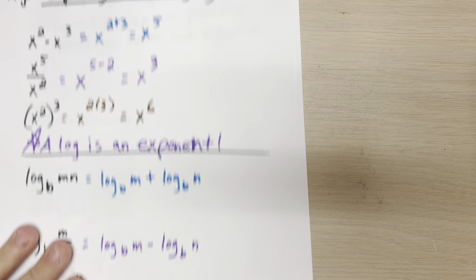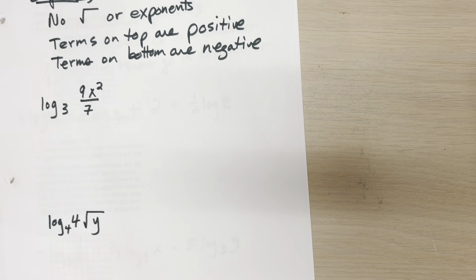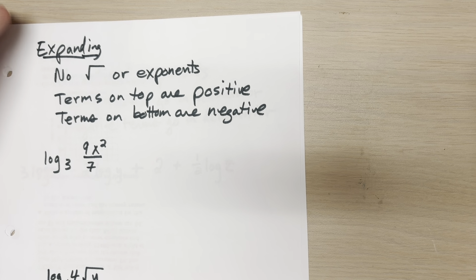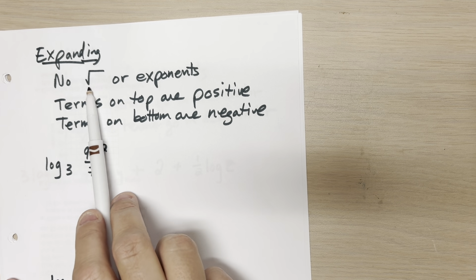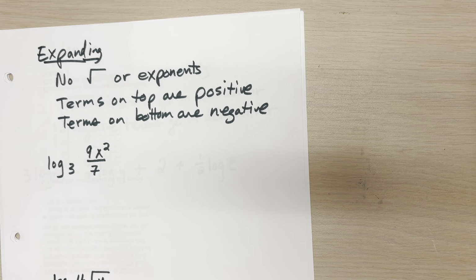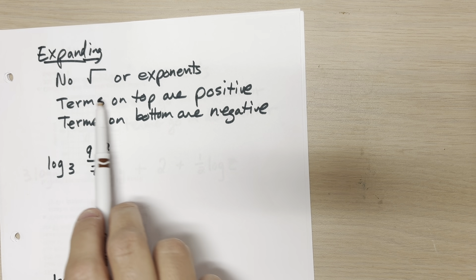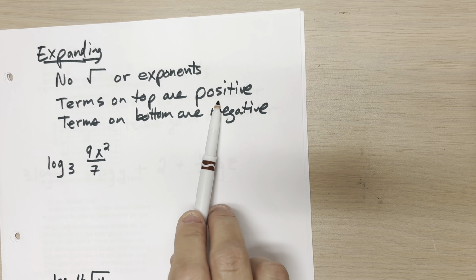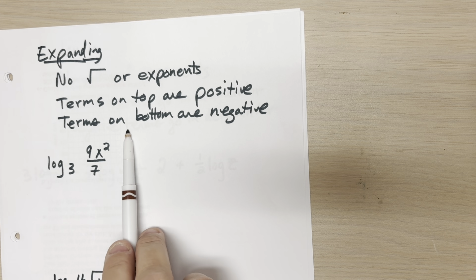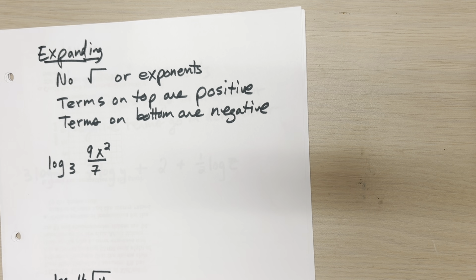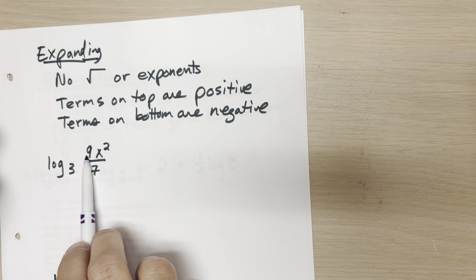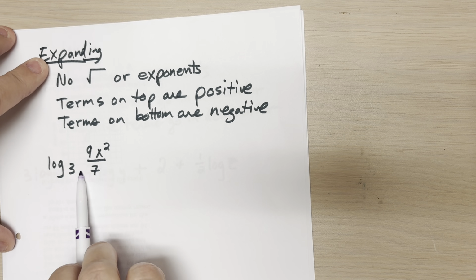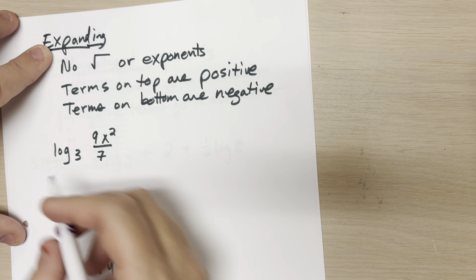Okay, so let's try them. When we are expanding, we can't have a radical or any exponents in our final answer. Terms that are on top of a fraction in the numerator are positive. Terms that we get from the bottom are going to be negative. So our first one is log base 3 of 9 times x squared divided by 7.